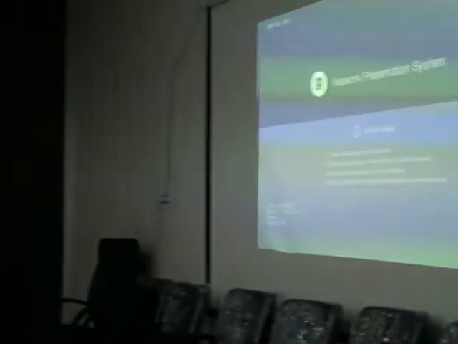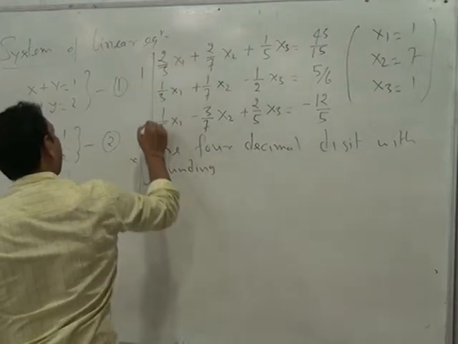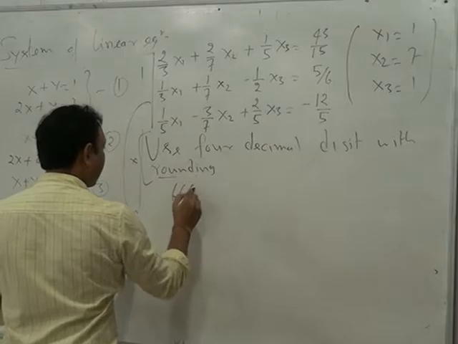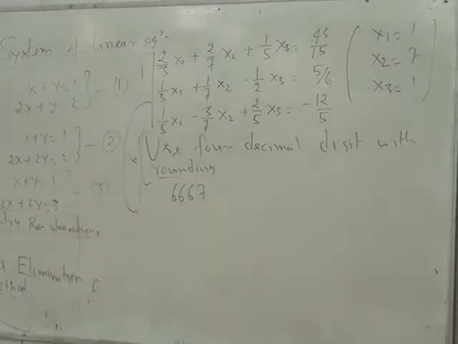Now if I use a calculator with this condition, use 4 decimal digit with rounding, each time I have to write in this fashion. So in that case, you have to write your 2 by 3. Tell me, how do you write it? You write 0.667, because it is given strictly 4 decimal with rounding.